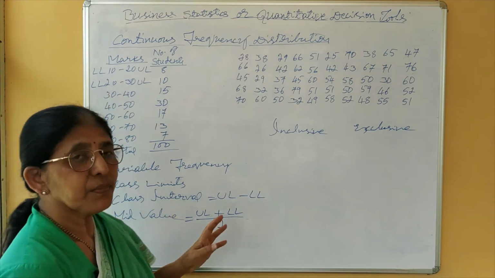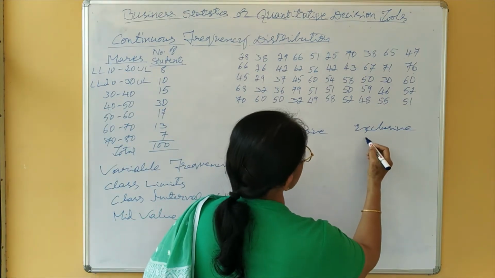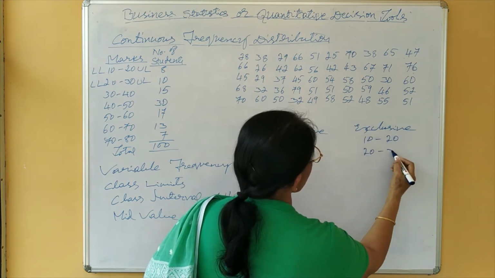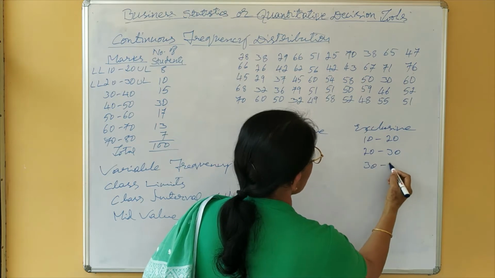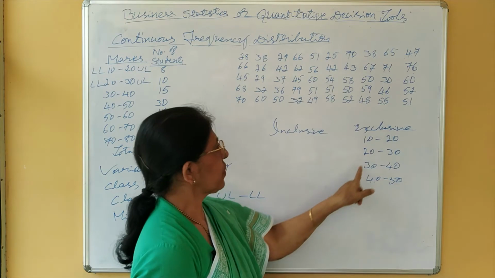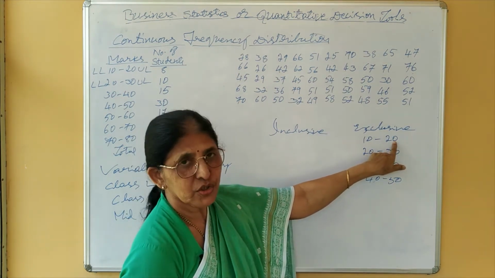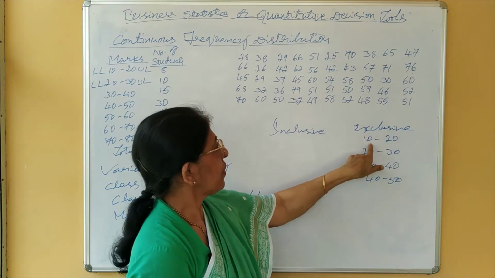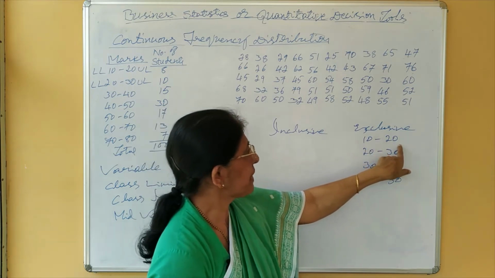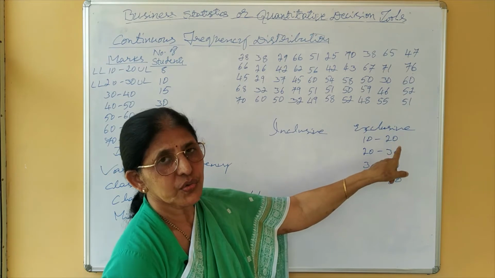That means in the process of classification, if the limits are selected in such a way that the upper limit of previous class is equal to the lower limit of the immediate next class, it is called exclusive method. Here upper limit is excluded, only lower limit is included. As upper limit is excluded, this method is called exclusive method.